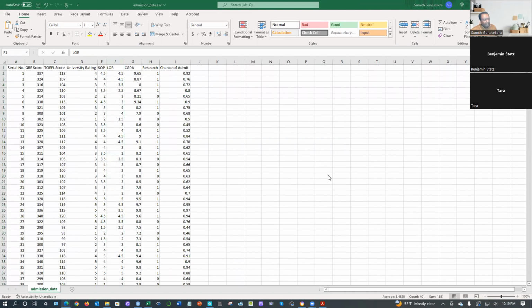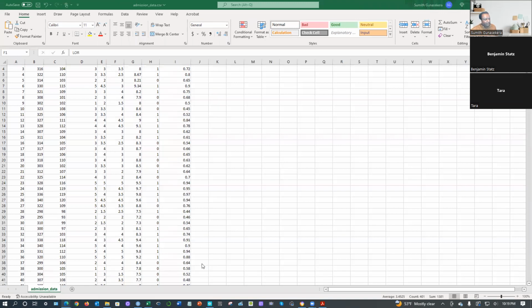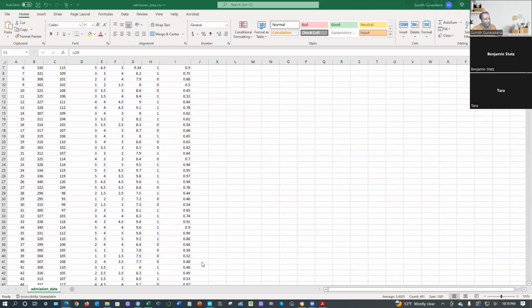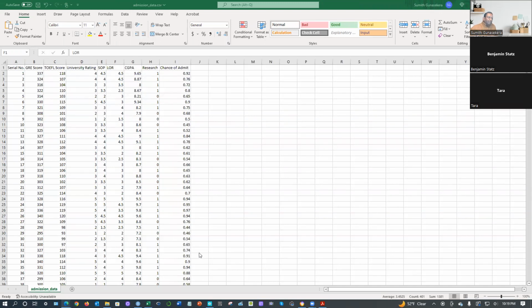So these are variables. We're going to see what is the chance of admit for the next person who will be taken into account. We're not going to talk about this person again. These are based on some people's information, and that information we can utilize in order to predict someone else's chance of admission to the university based on what we've taken into account to explain this one.